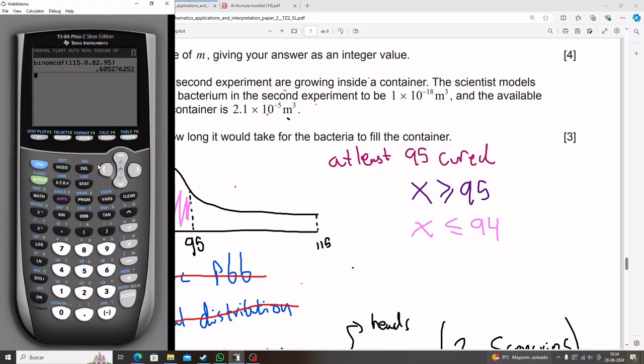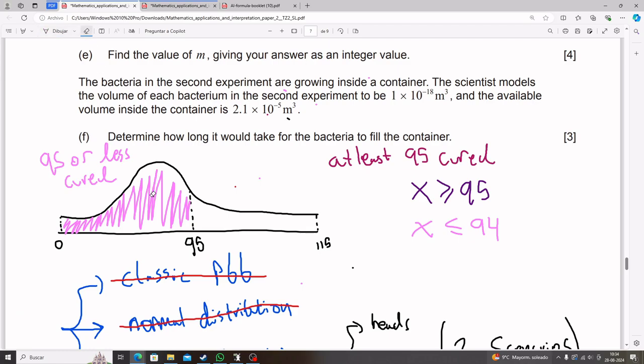So let's start off doing that. We take binomial CDF and we say it until 94. That's the first thing we're going to do. We're going to erase this ever so slightly, and we're going to put the 94 here. So now we found it for 94.